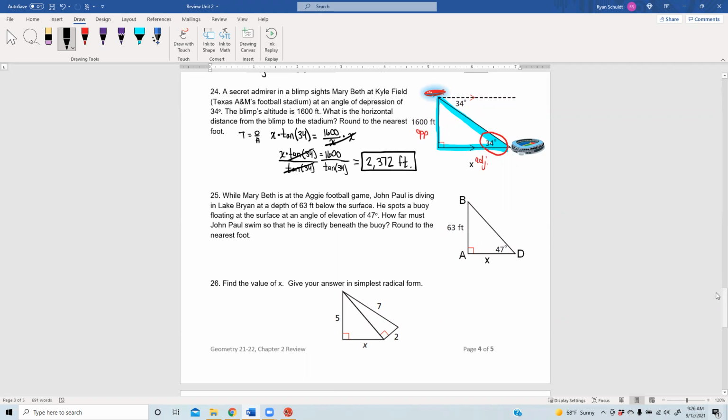How far must John Paul swim so that he is directly beneath the buoy? Round to the nearest foot. So again, they give us the triangle. So let's see, there's our angle. How is this x related to the angle? It's adjacent. What about the 63? It's opposite.